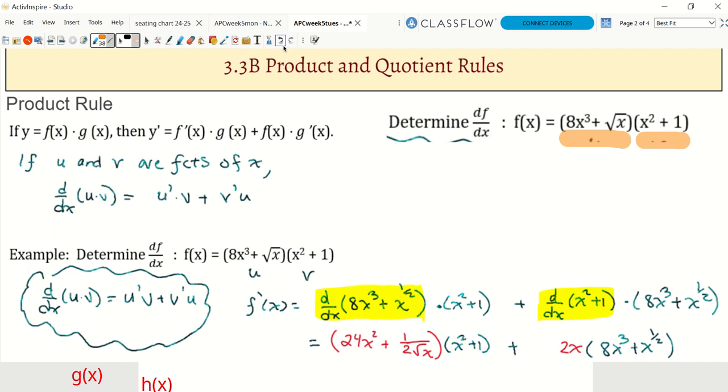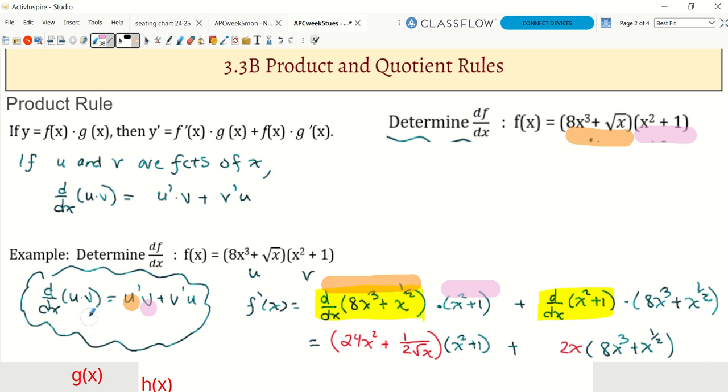Okay, so let's apply this product rule. Here's the formula, copy and paste it again. So I'm going to take the derivative of the first multiplied by leaving the second.